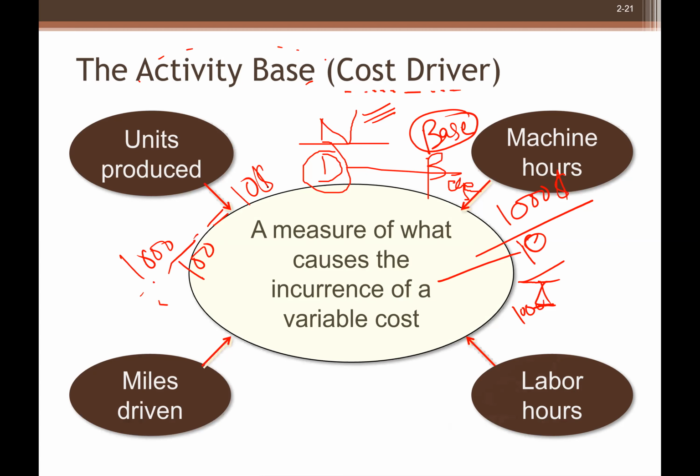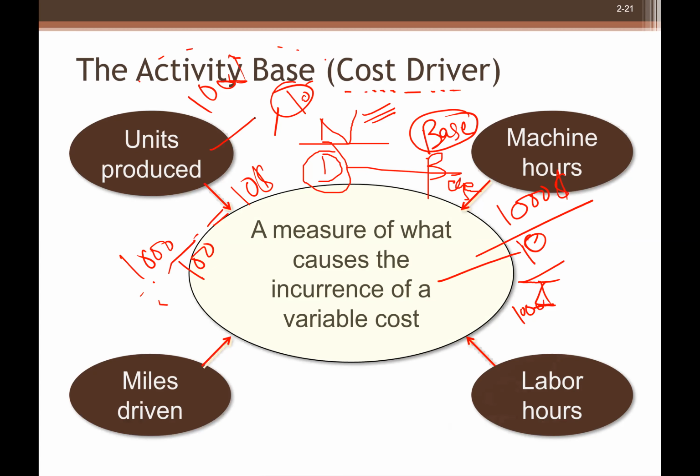It can also be based on machine hours, on the basis of machine work, for example, 10 hours. Even then, this is $100. So it means the base plays a very important role in calculating the per unit costs, right?